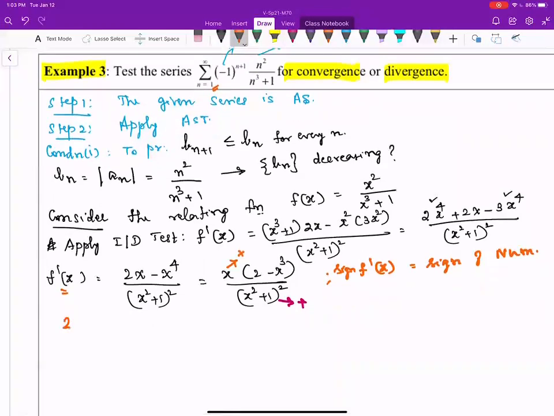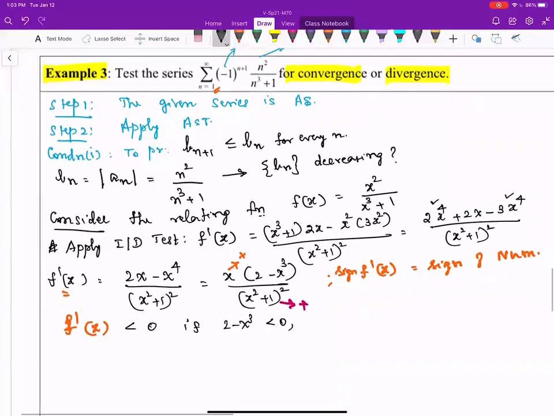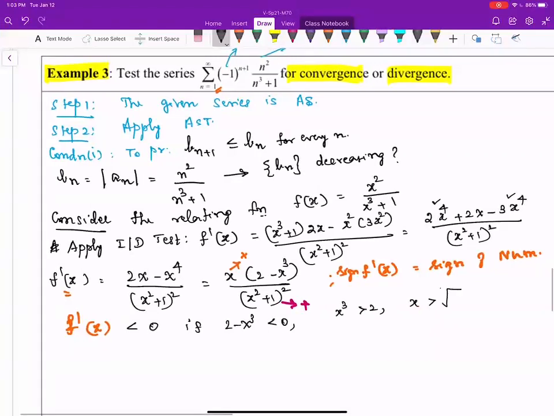So the sign of f prime x will be less than 0 if 2 minus x cube is less than 0, or when x cube is more than 2, or when x is more than cube root of 2.